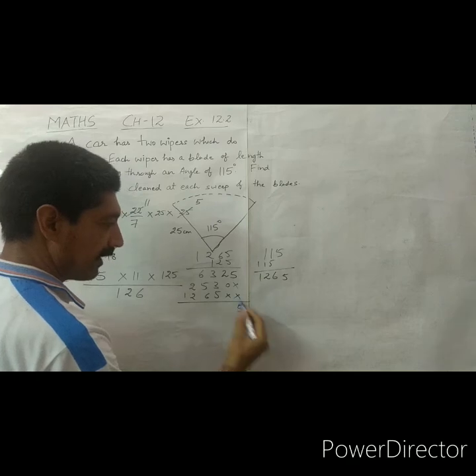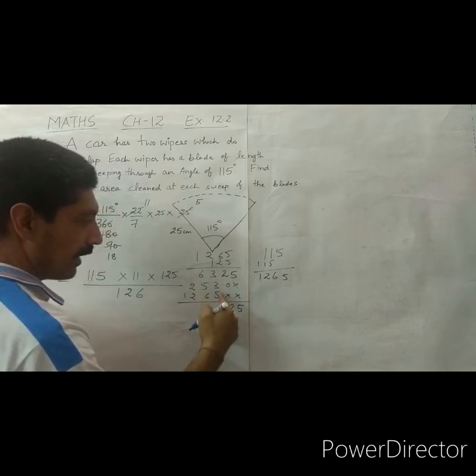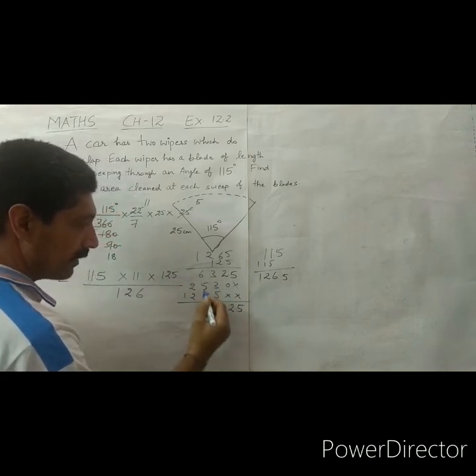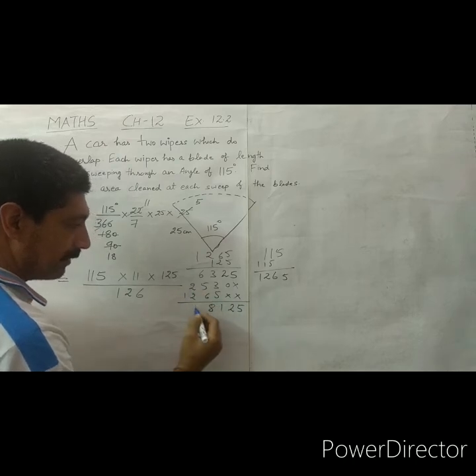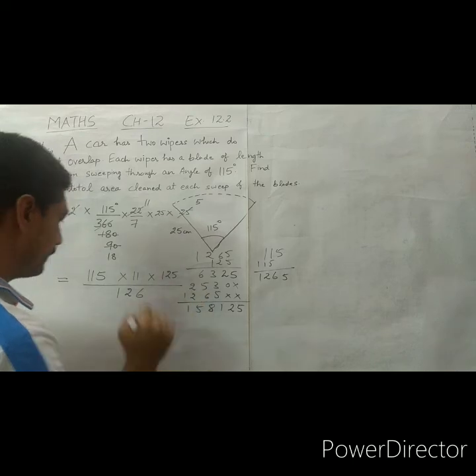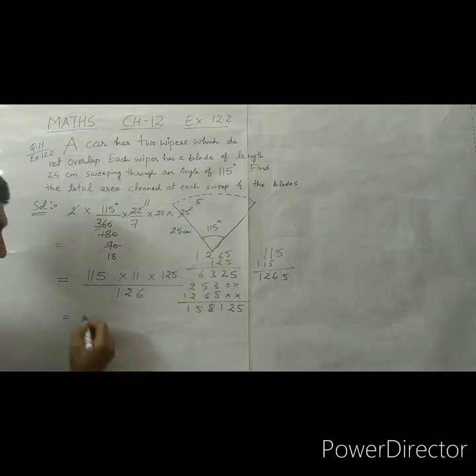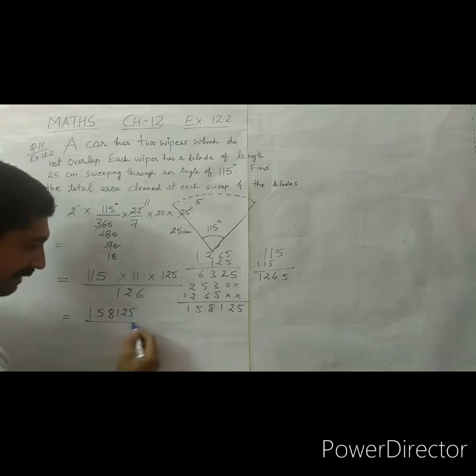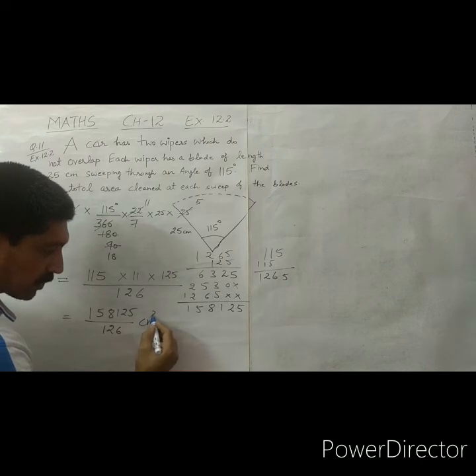So here we have 158125 divided by 126 centimeter square.